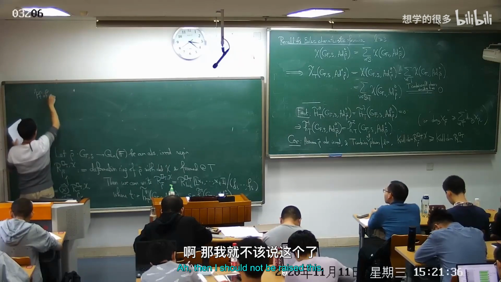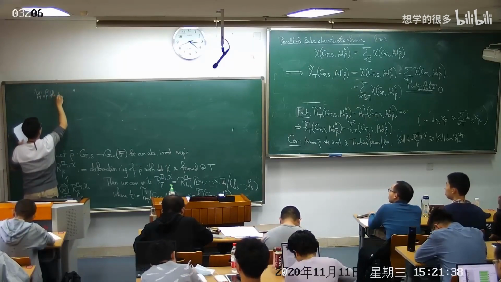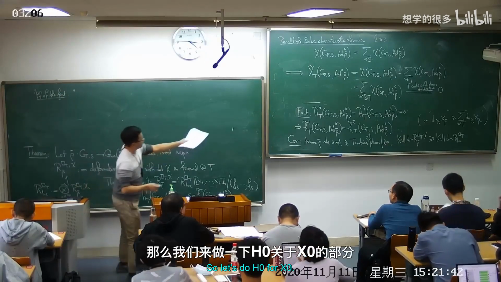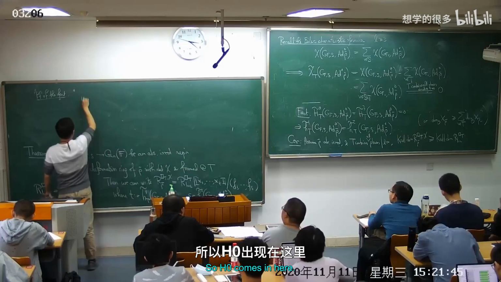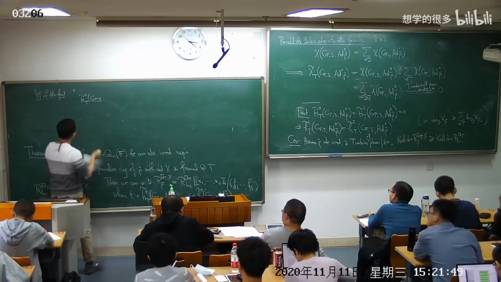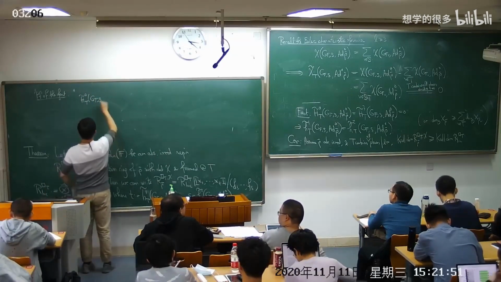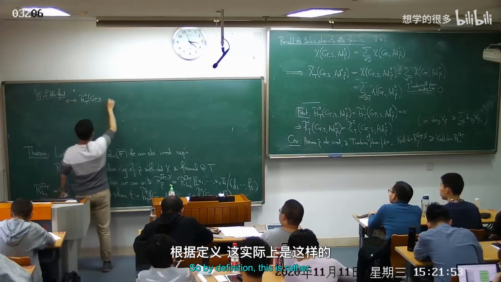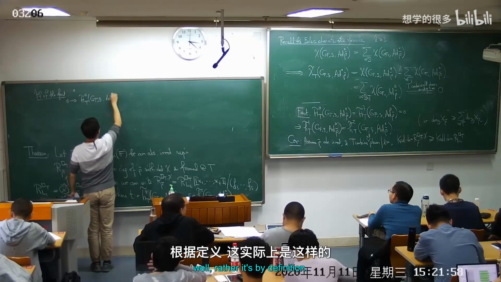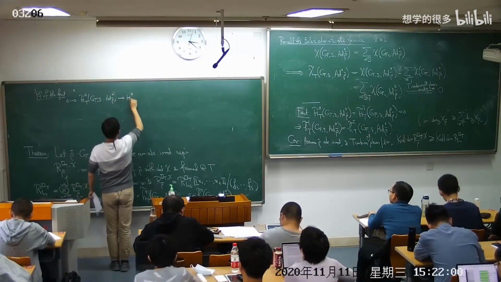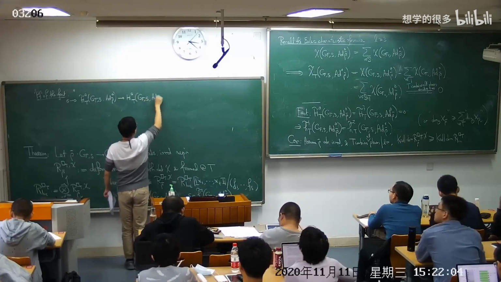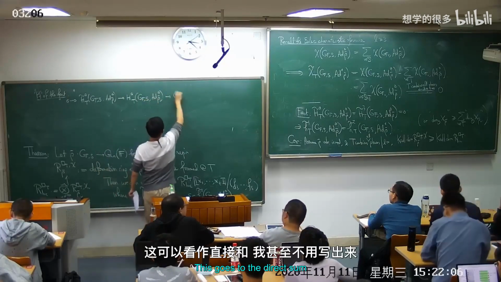I should not erase this. So let's do H0. H0 is very easy. H0 comes in here. So by definition, this goes to the direct sum of.